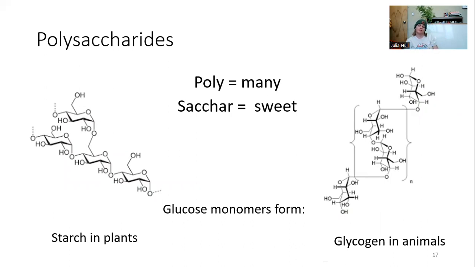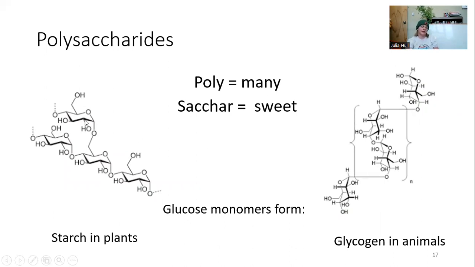And in animals, we call that glycogen. The difference between starch and glycogen is just how all those bonds are formed in arrangement with each other. So what I need you to remember is that starch equals storage for plants, glycogen equals storage for animals.